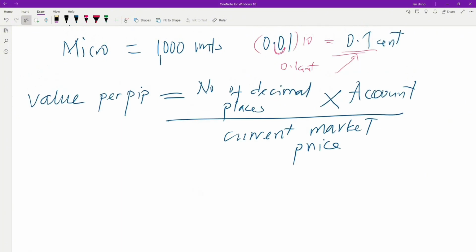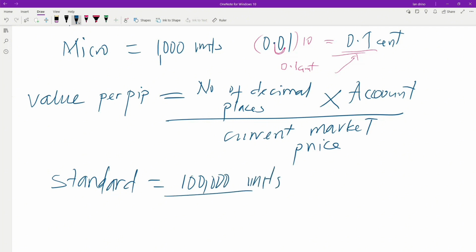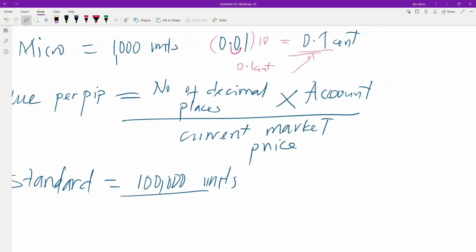Okay, if we take, for example, a standard account, we always start with a standard, which is equivalent to 100,000 units of currency. Okay, now Euro USD is always denoted in 4 decimal places, like we have said already. JPY pairs are denoted in 3 decimal places.